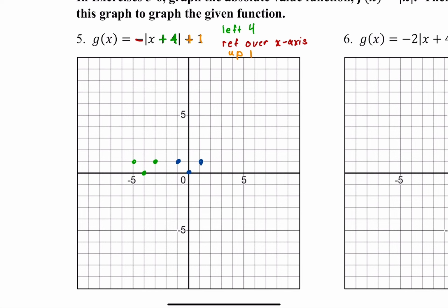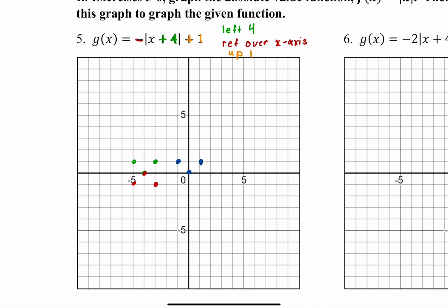Reflect the ones in quadrant 2 down to the third quadrant, and the one on the x-axis stays where it's at. Again, just because remember the x-coordinate here is 0, and the negative 0 is still 0, so that's why that stays there.